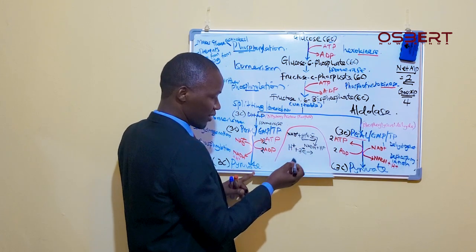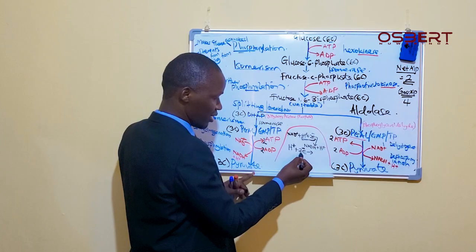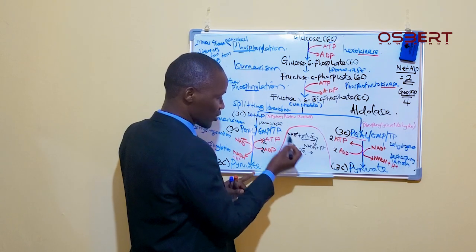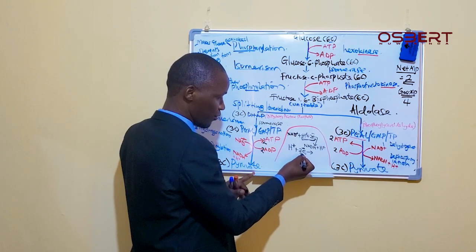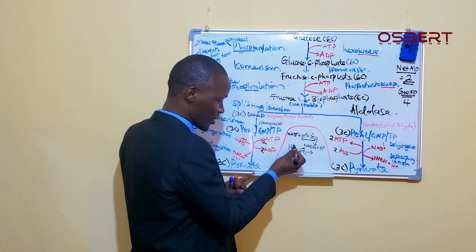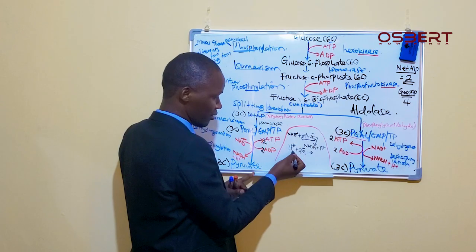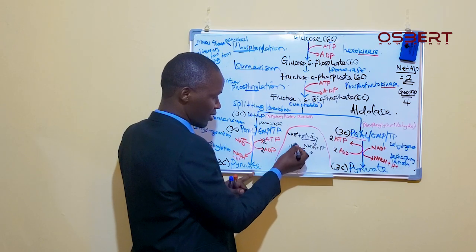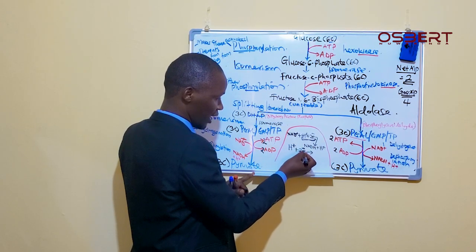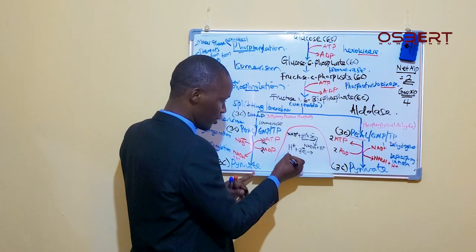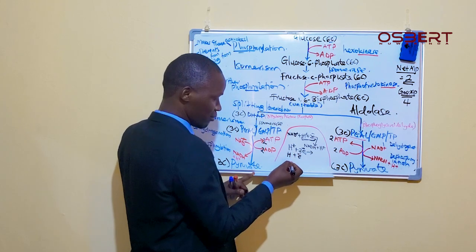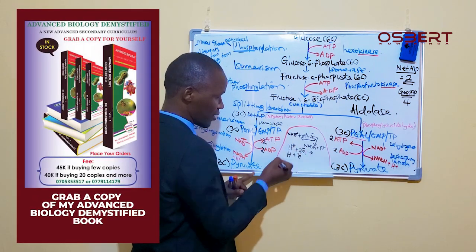So one of the 2 negative charges, we shall pick out, and it cancels with that positive. So this positive has gone, and here we have remained with one negative.